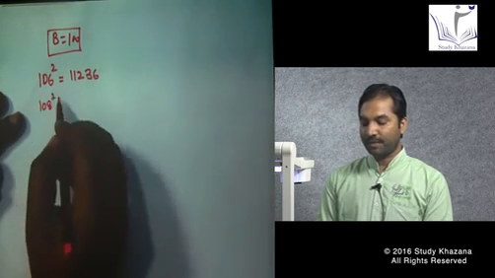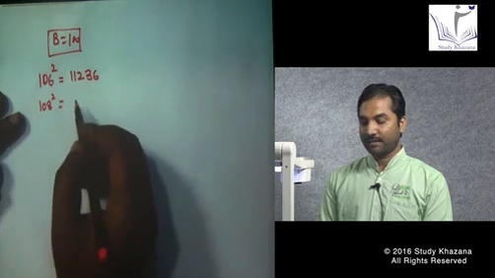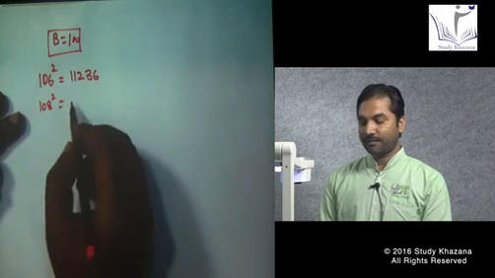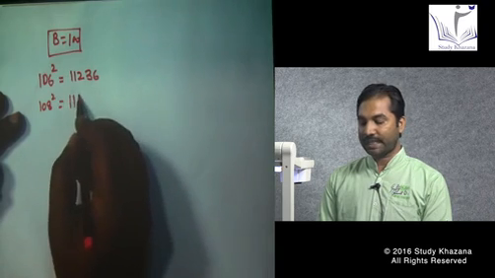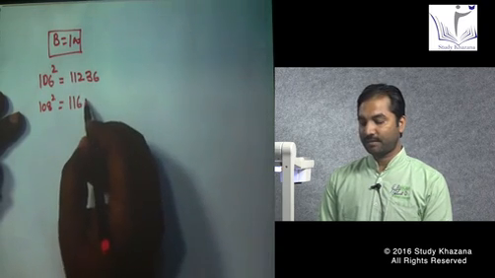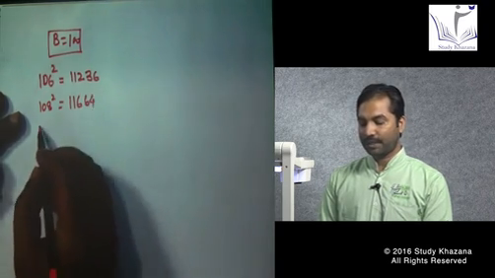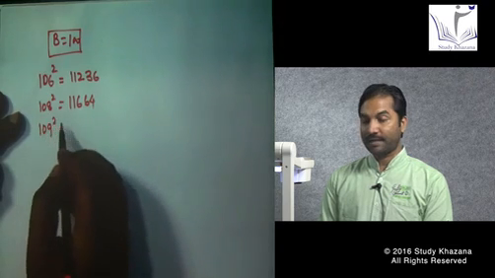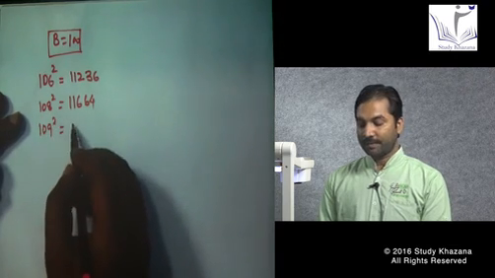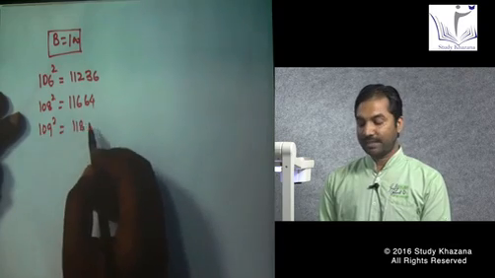In the case of 108 square, it is 8 more than 100, then we add 8 to 108, it becomes 116, and 8 square is 64. If we take the example 109 square, it is 9 more than 100, it becomes 118, and 9 square is 81.